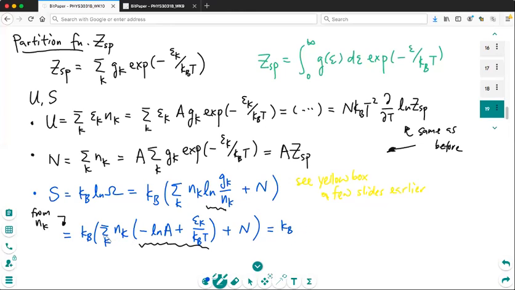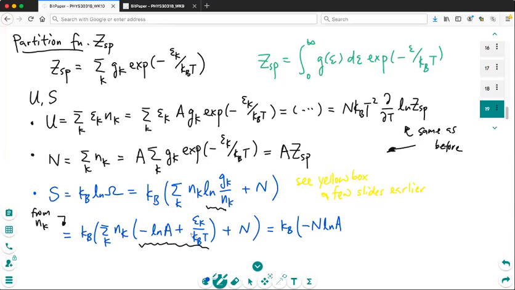Now, if I do this sum over nk times minus log A, let me first write this minus log of A. If I have this sum over nk times this, it gives me a big N, right? Because I sum over k of nk, right? This is the total number of particles.